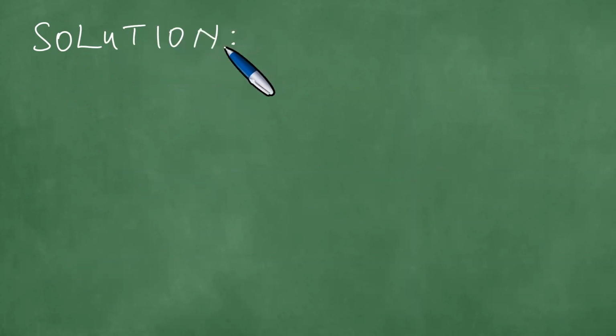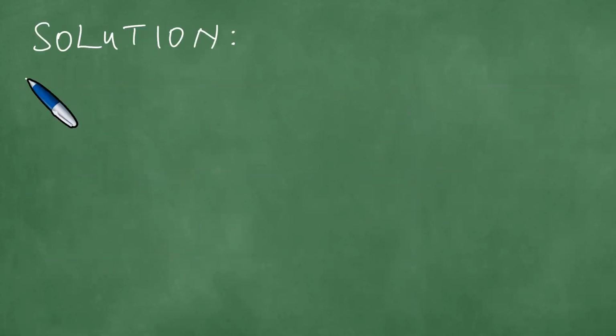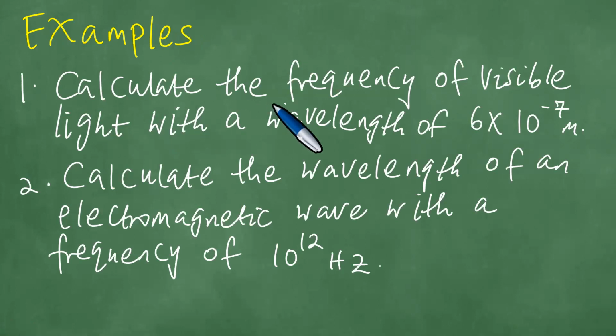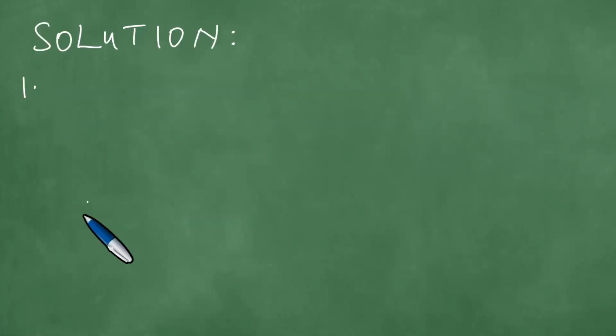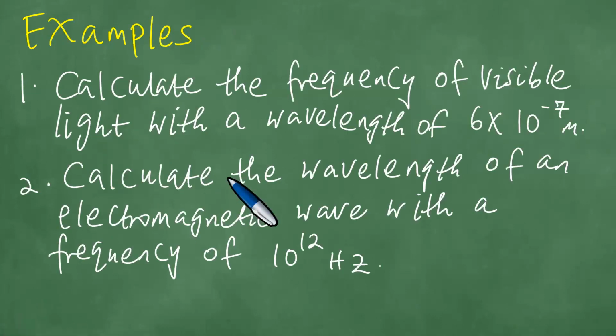If you look at the first point, calculate the frequency. Because they are saying calculate the frequency, we write down the data. The frequency is what they want. They say calculate the frequency of visible light with a wavelength of 6 times 10 to the minus 7.